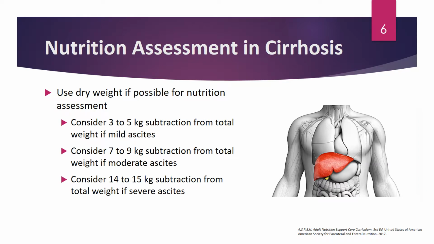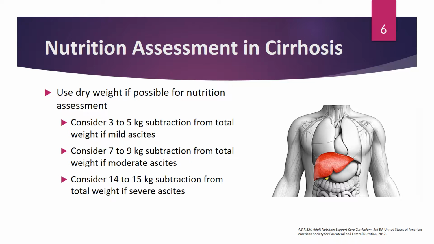For nutritional assessment of cirrhosis, cirrhotic patients and patients with liver disease have special considerations whenever we evaluate their nutritional status. In all patients, we always want to get a dry weight prior to calculating their nutritional needs. And in patients with cirrhosis, this can be a little bit tricky because patients with cirrhosis and in stages of liver disease may have fluid buildup on their abdomen as well as other parts of their body.